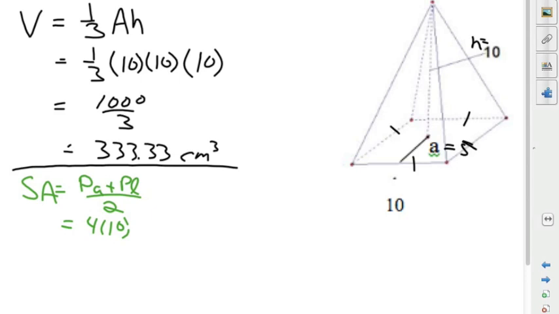Each side is 10 times the apothem, which is 5. So plus, perimeter is 4 times 10. Right, so it's perimeter again. But what's the slant length? We have to do the Pythagorean theorem.